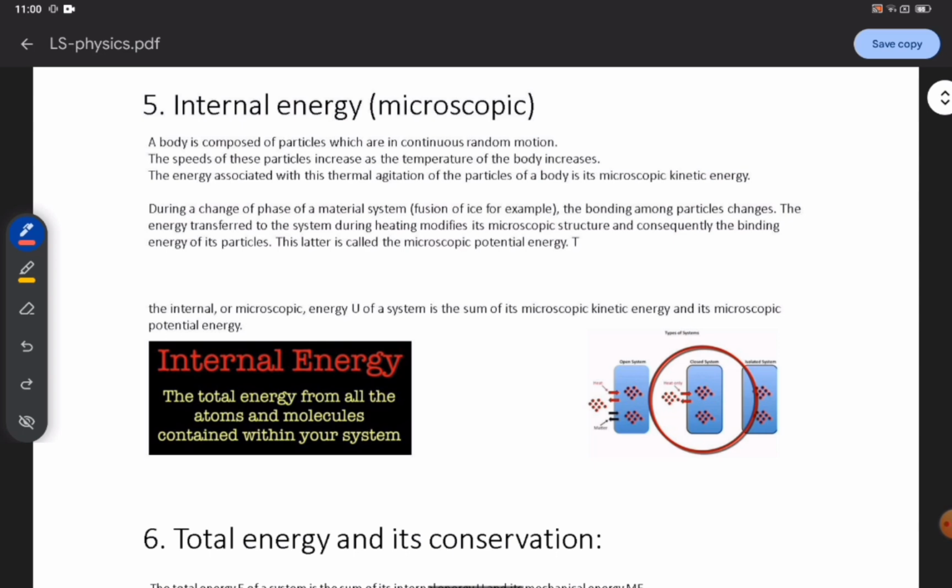So the internal energy is the total energy from all the atoms and molecules contained within your system. It includes two main types of microscopic energy. We have microscopic kinetic energy and microscopic potential energy that depends on the molecules and the atoms. Okay?